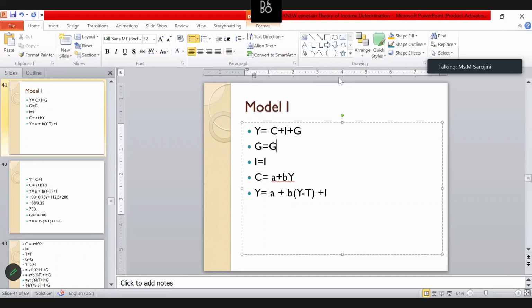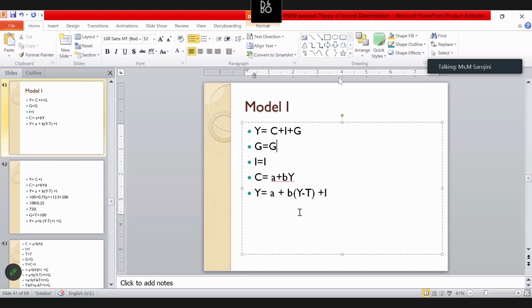According to that, the first model is the national income determination only with the government sector. Here we do not consider the taxes, right? Once we avoid the taxes in this three sector model, the consumption function is C equal to A plus BY, right? But once we add the taxes here, we have to consider the consumption function A plus B YD, right?